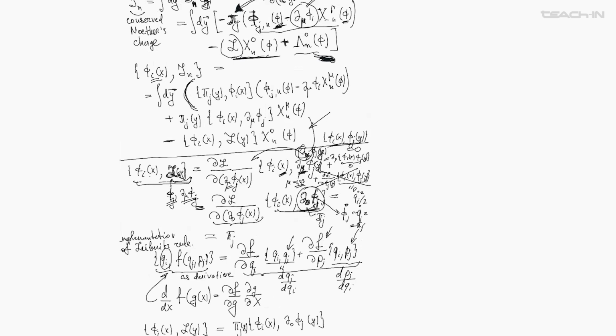Let me mark them. This one cancels exactly with this term, because again, this will be non-trivial only if the index mu is equal to 0, just according to the argument I gave.